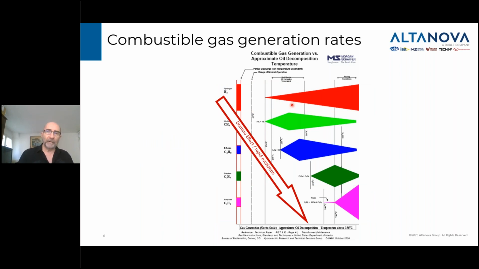As the fault and its temperature evolve, one gas's rate of generation increases and decreases when another gas's rate of generation increases, until you reach the point where you're generating acetylene. So with a very accurate DGA, just by measuring the gases, it gives you a lot of information: where you stand on that curve, that graph, tells you potentially exactly where you are from a temperature point of view.